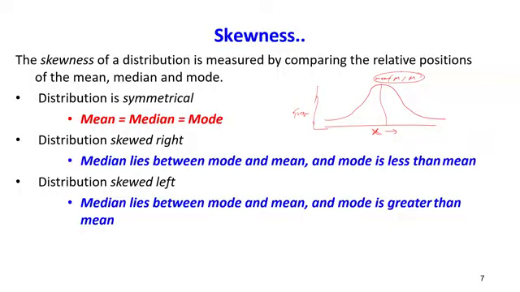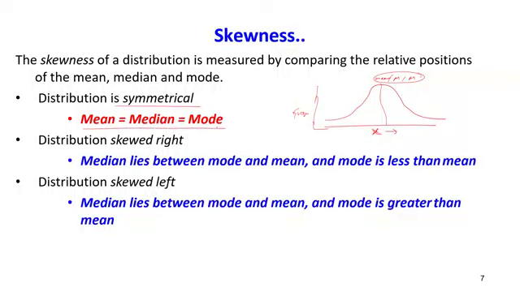In the normal distribution, you can bisect the entire distribution into two equal halves from the center, from the mean. Usually you will get this kind of distribution when you do not have extreme values on either side. You have an equal proportion of the values above the mean and below the mean on the same scale. So if the distribution is symmetric, then your mean, median, mode will be equal.